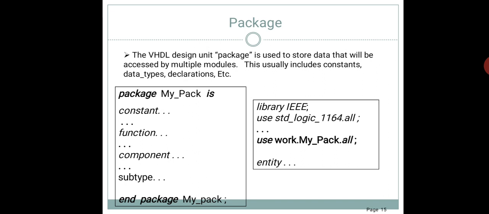Whenever we are writing code, before the entity we must declare a library. Usually we declare library IEEE, and then use it with the symbol use IEEE.std_logic_1164.all. Now whatever we have written in the package my_pack is stored in the work library.